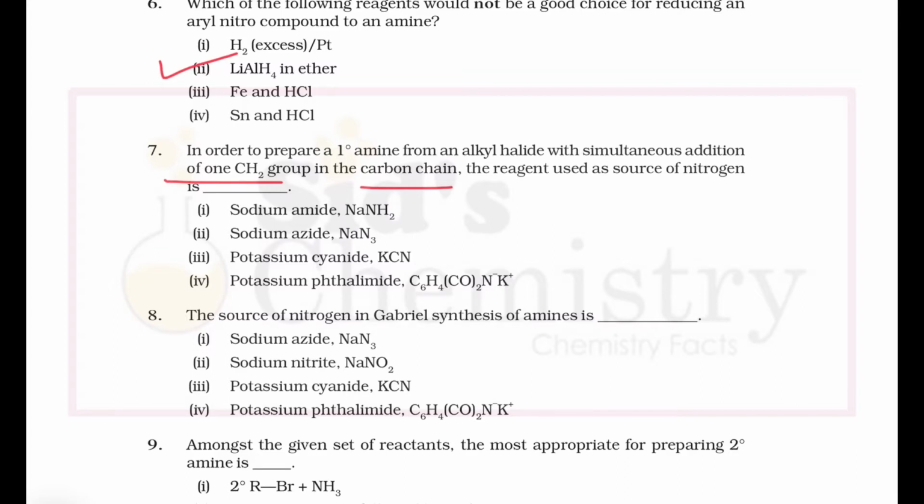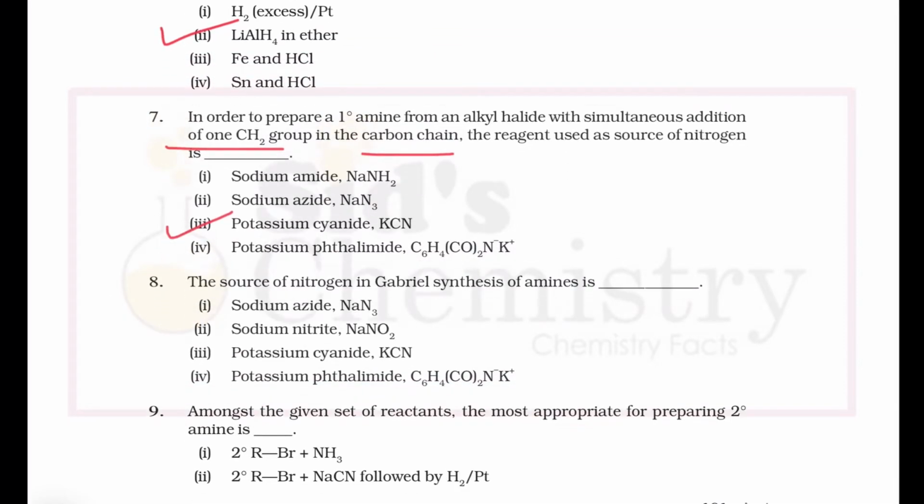Dear friends, if we want to add carbon along with nitrogen, then a compound like potassium cyanide is required. So the correct answer for this question is option number 3, that is potassium cyanide.